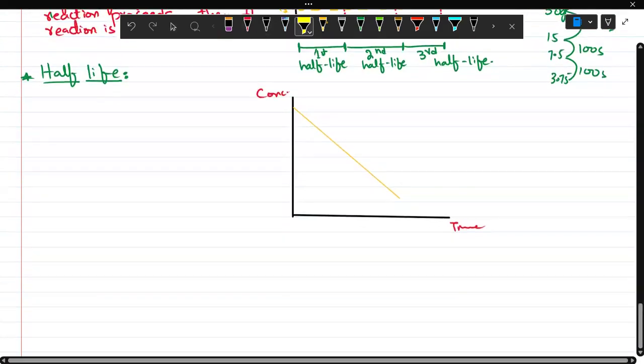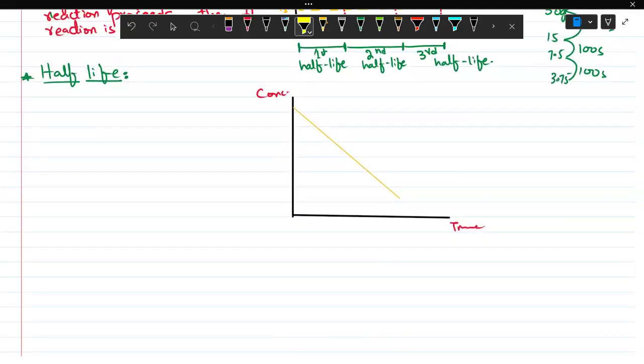Now let's see this one here. Let me write the points here for you to understand.